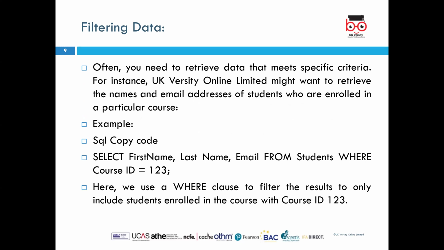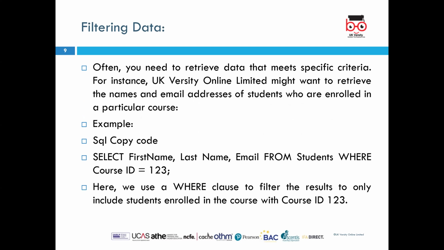Filtering data. Often you need to retrieve data that meets specific criteria. For example, UK Versity Online Limited might want to retrieve the names and email addresses of students who are enrolled in a particular course. Here you retrieve the first name, last name, and email IDs.